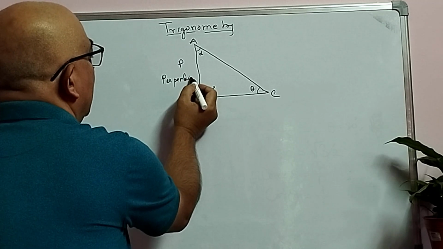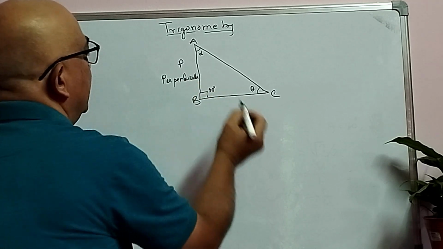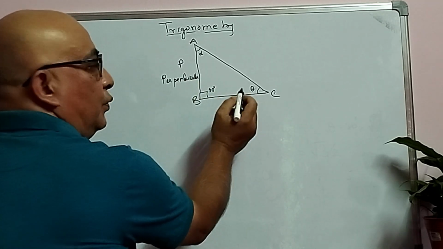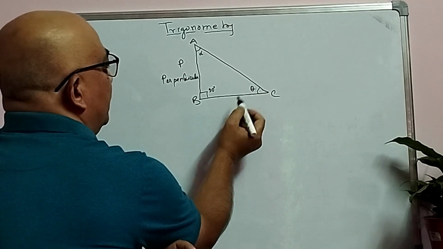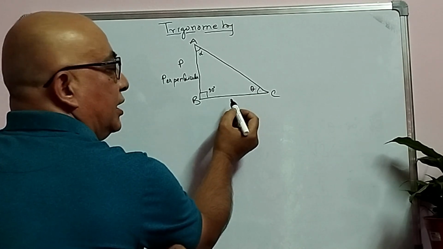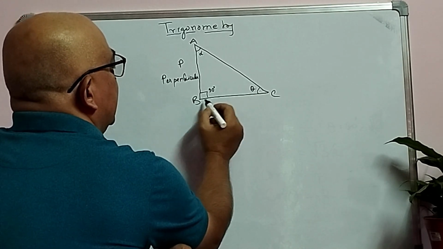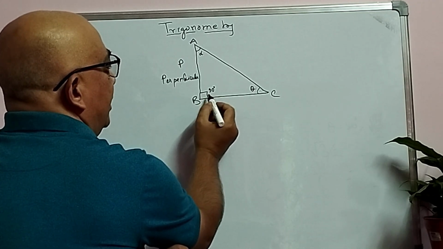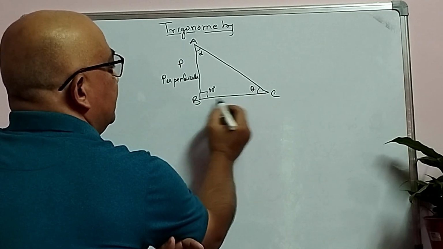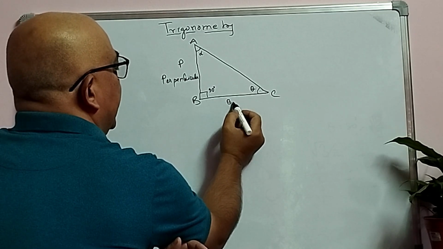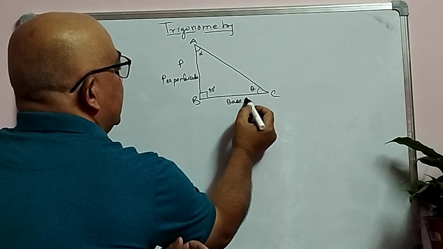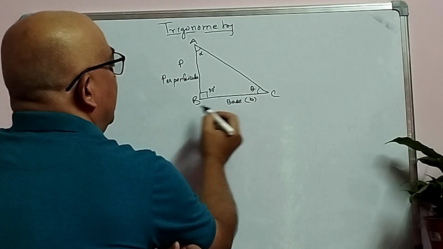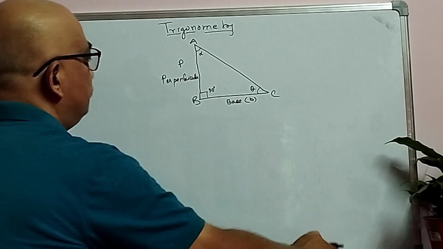With respect to this being the angle of reference, this BC, on which the angle 90 degree right angle and this angle of reference are based, is called base, which is denoted by B.